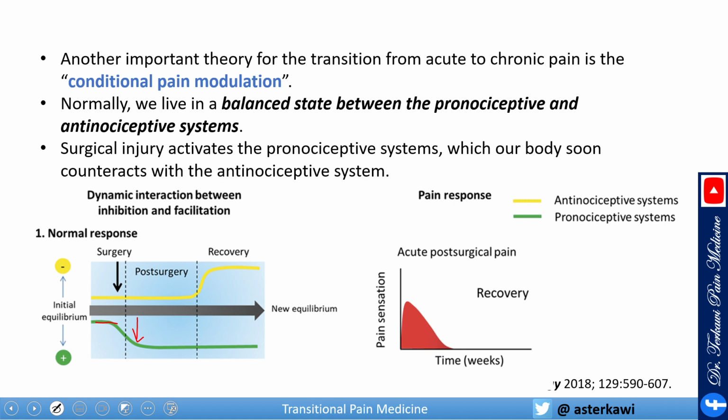Then it takes a while until our body counteracts that by activating the anti-nociceptive system. Eventually you go back to the equilibrium stage, the patient recovers, everything heals, and you don't have pain.